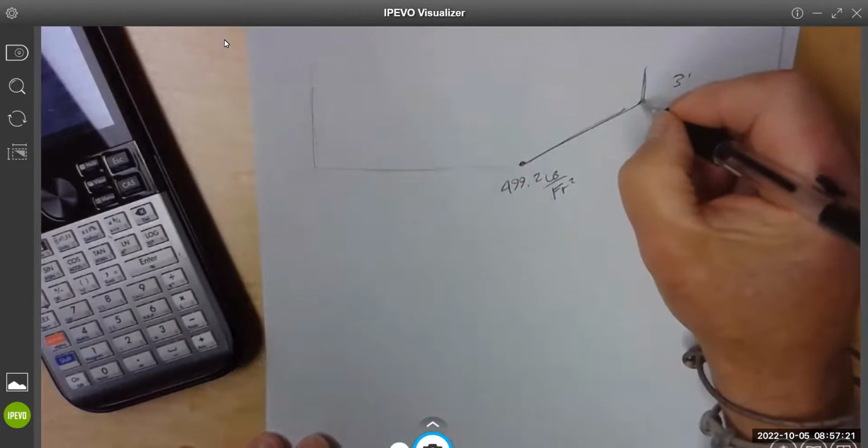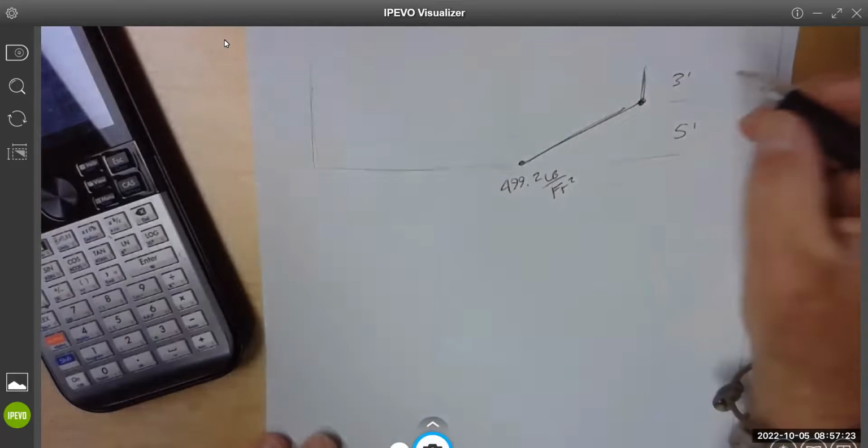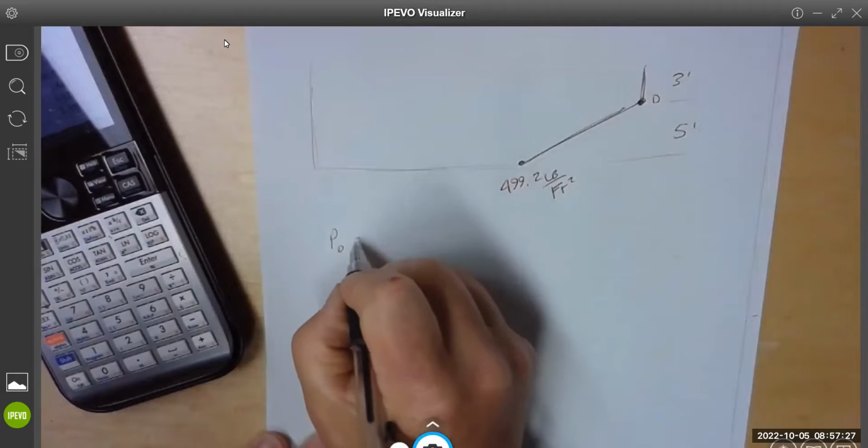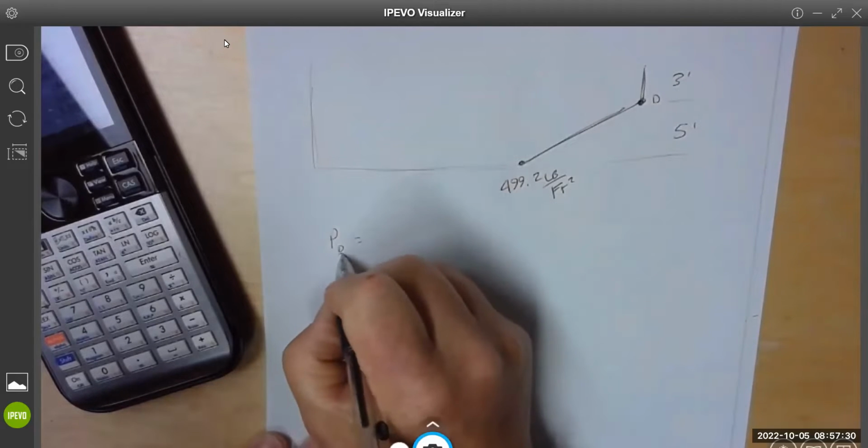So now we need the pressure here at point D, or at 3 feet.